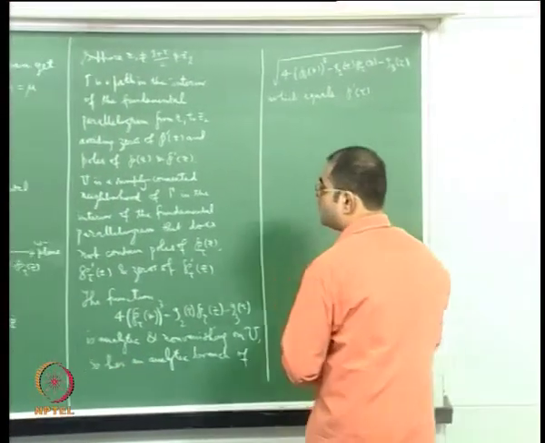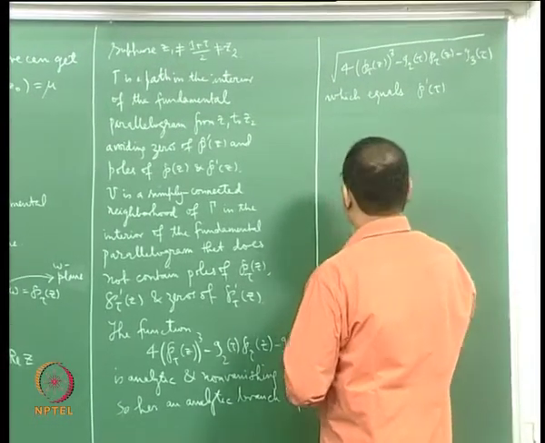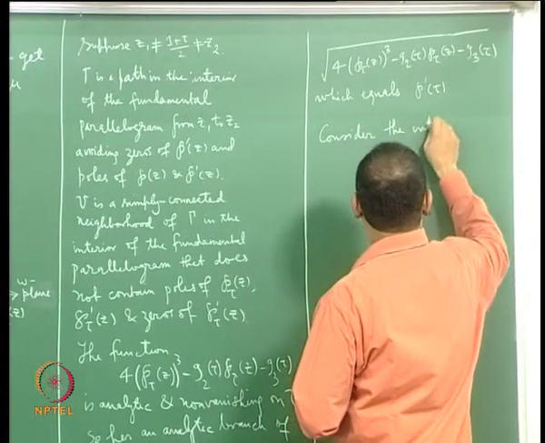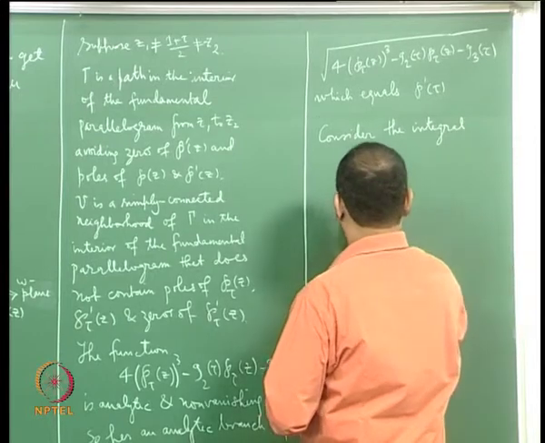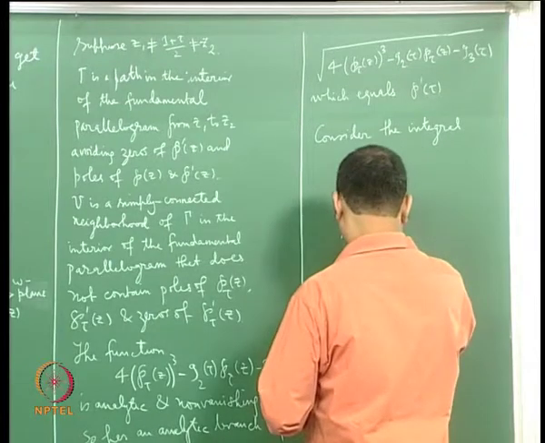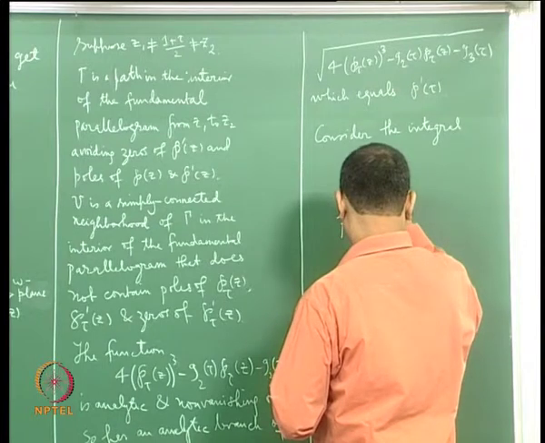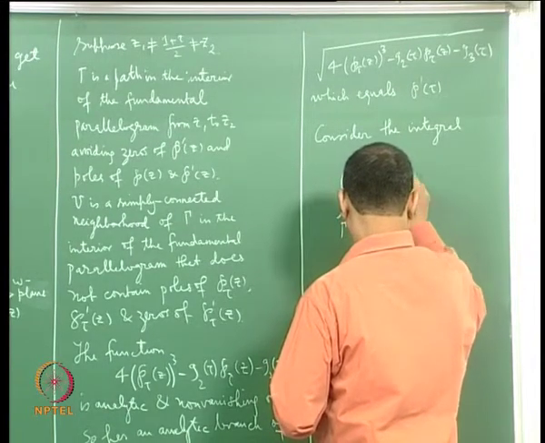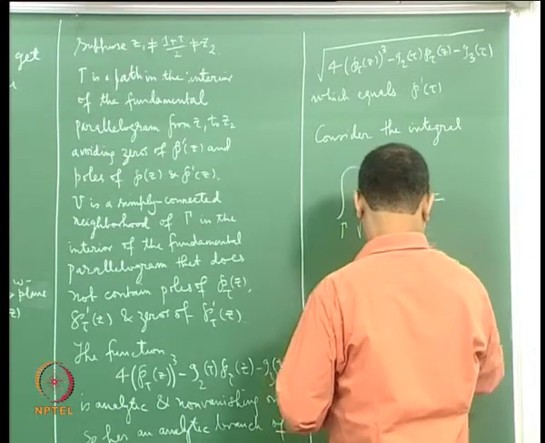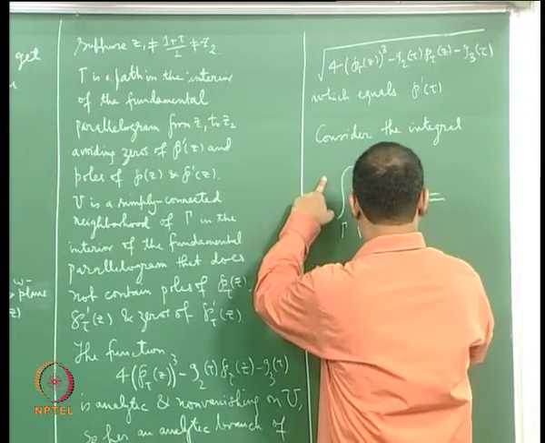Now what you do is that you consider the integral over gamma of phi prime tau sub z dz by square root of 4 times this quantity.